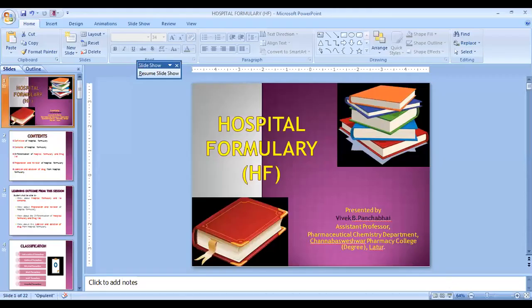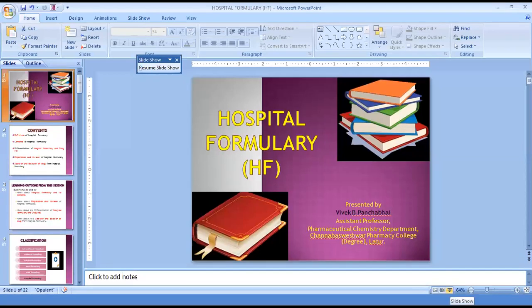This necessary information should be available in the hospital pharmacy formulary.